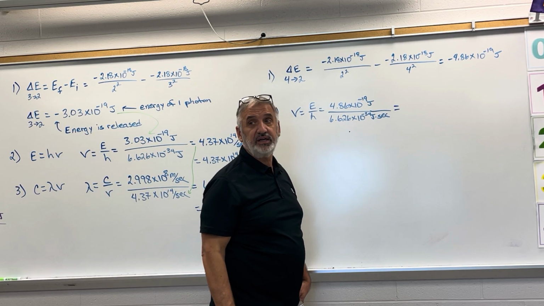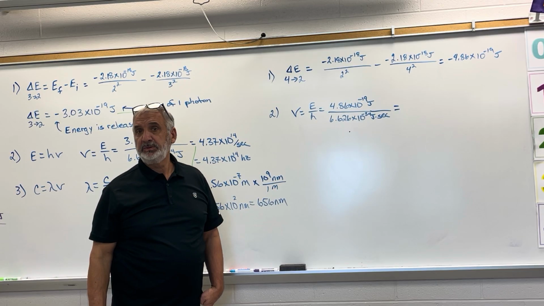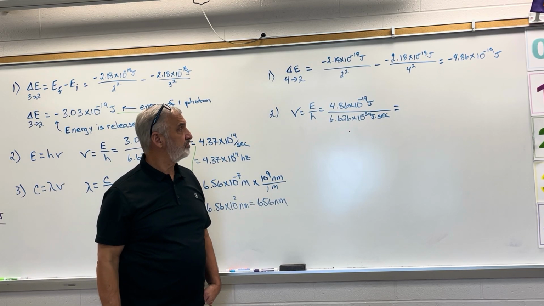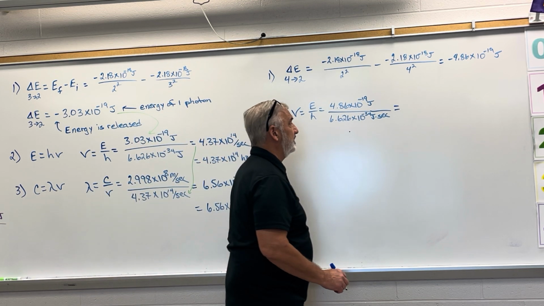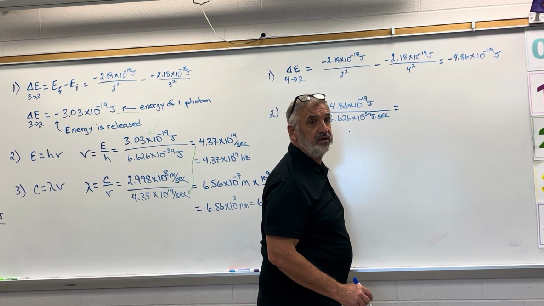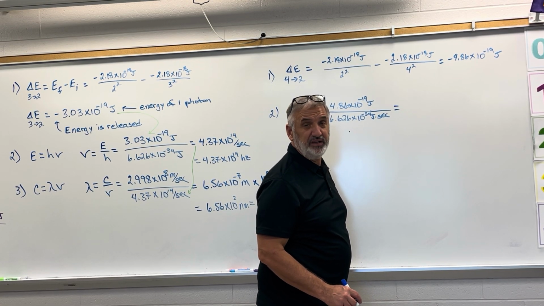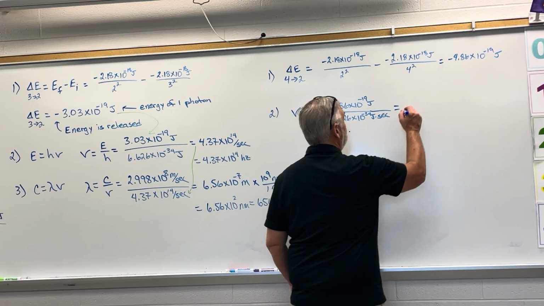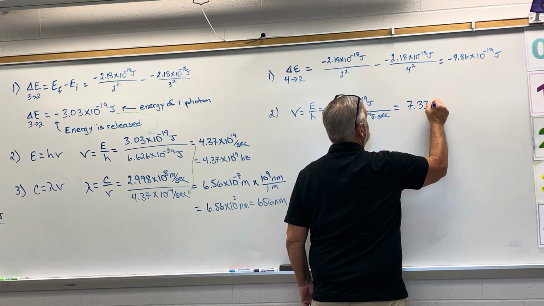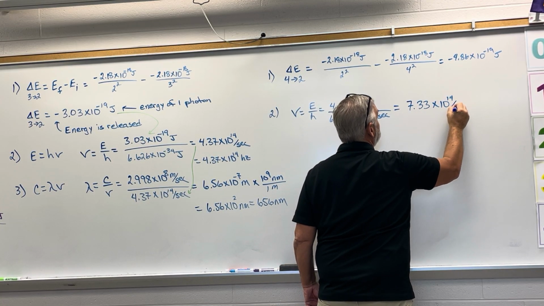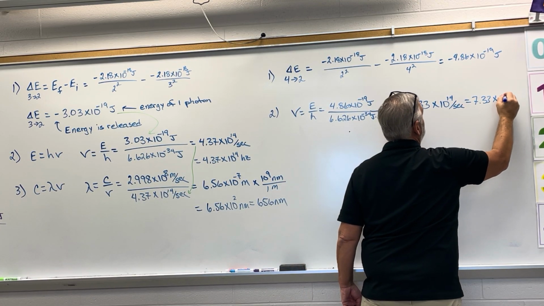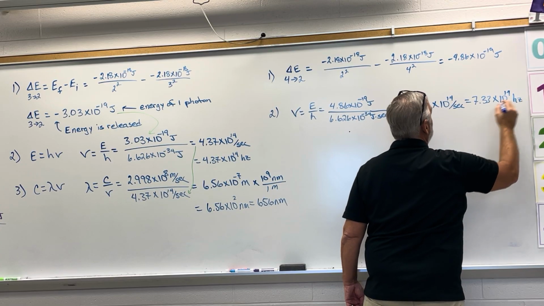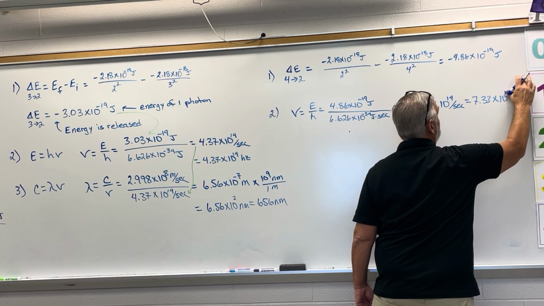You guys are just quitting, you're not trying. Times 10 to the 14. 7.33, anybody get that? Times 10 to the 14th, and that's per seconds, which is 7.33 times 10 to the 14th hertz. Now you can leave it at per seconds.